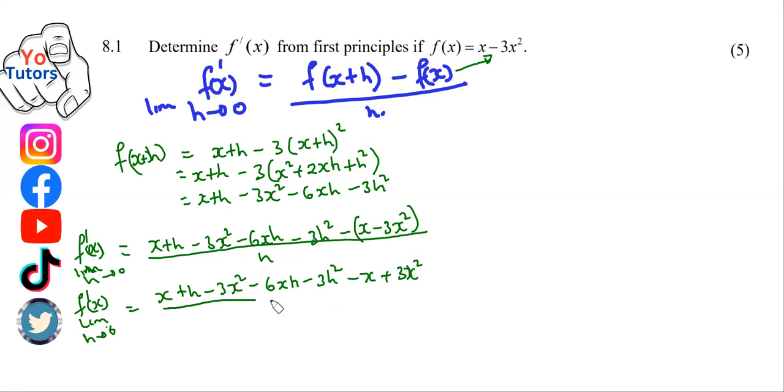Then here we will have it all over h. But what we see is that we are finding something common here that can cancel. So we've got negative 3x squared and positive 3x squared. We've got x here, and negative x here, so this can cancel out. Now, when we are done with that, we see that we're going to be left with h minus 3 minus 6xh and also minus 3h squared. So here, let's also have that.